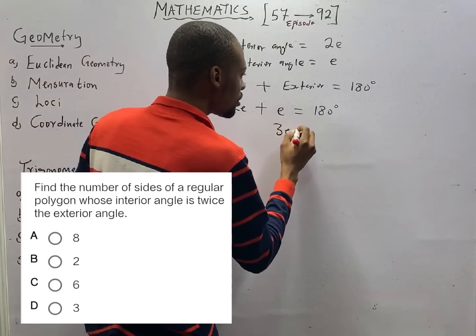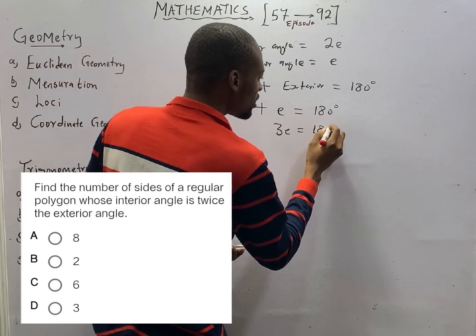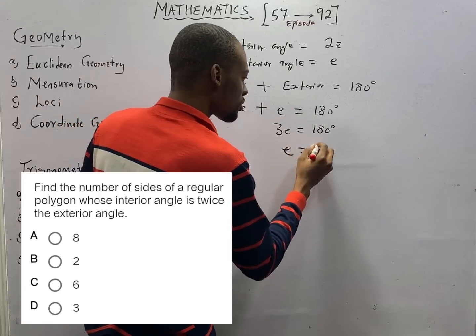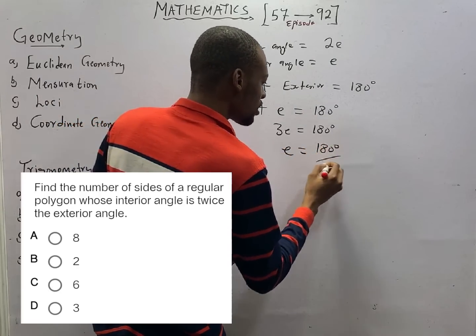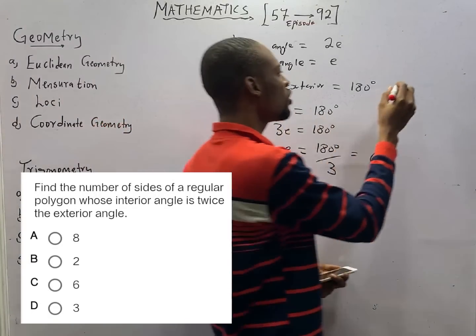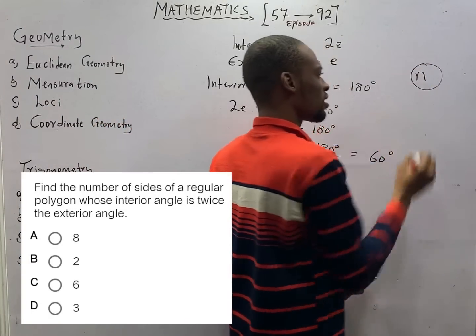So 3E is equal to 180 degrees, and E is equal to 180 degrees divided by 3. We are looking for the number of sides.